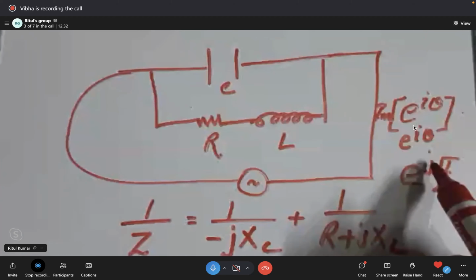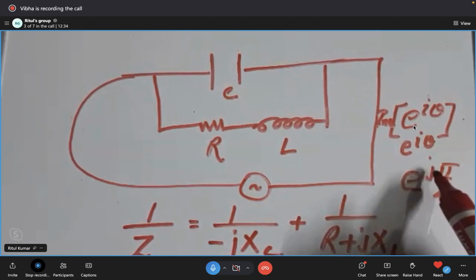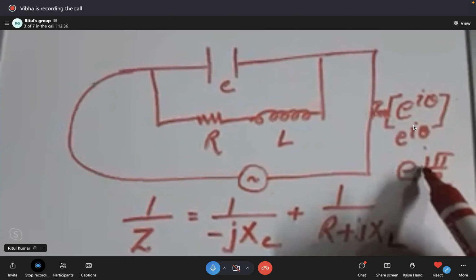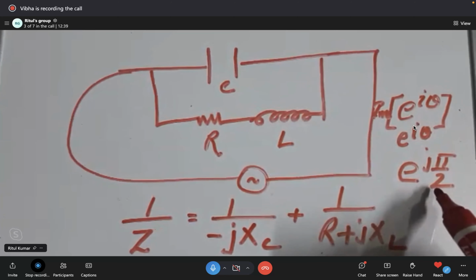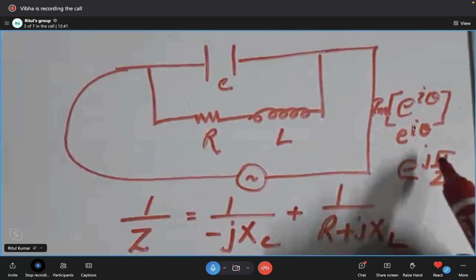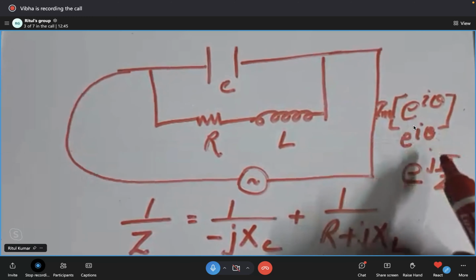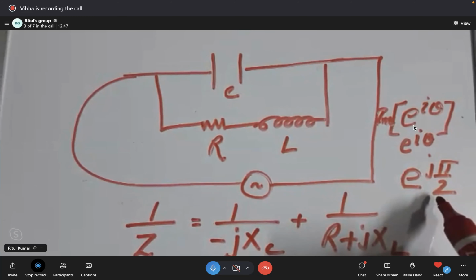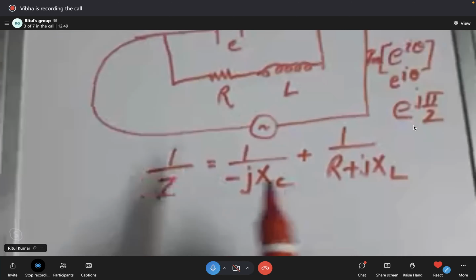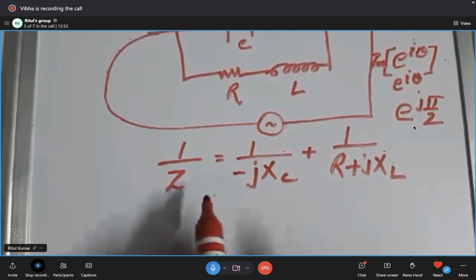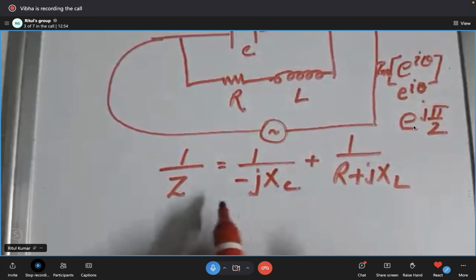I or j, whatever you mark, i pi by 2. Yes, sir. So multiplication will make it rotate anti-clockwise by pi by 2 and division will make it rotate clockwise by pi by 2. Yes, I get it. That's the principle I am to apply over here. Am I clear with this one then?